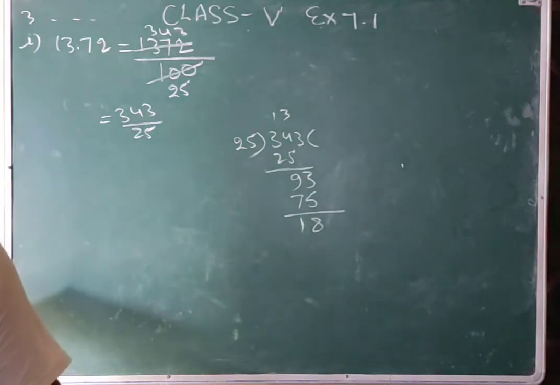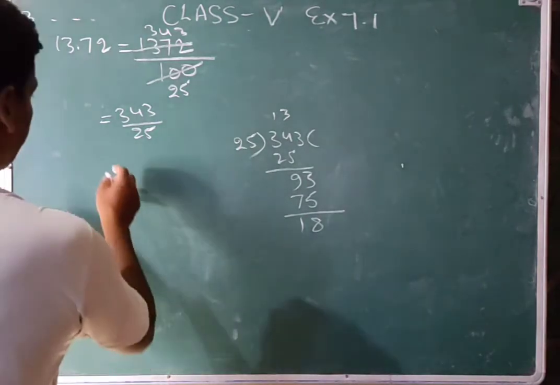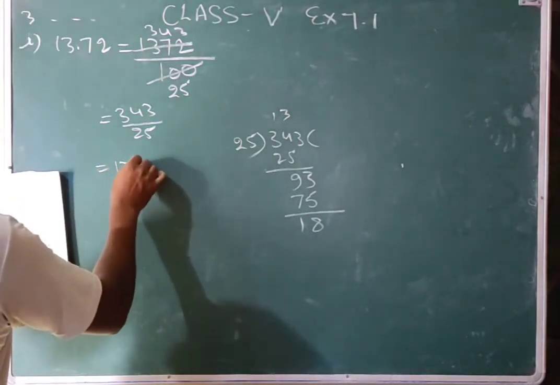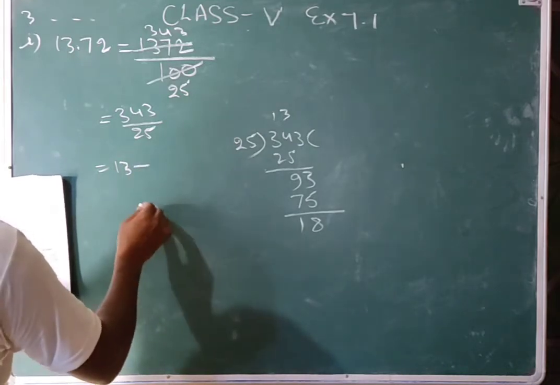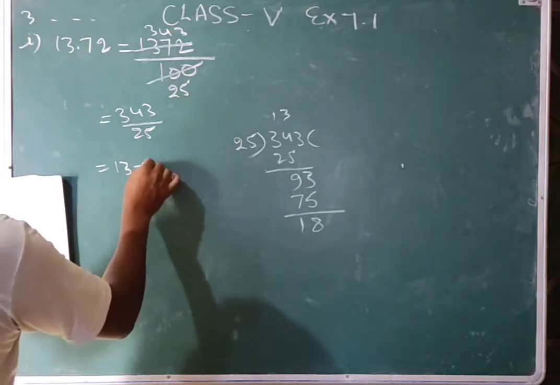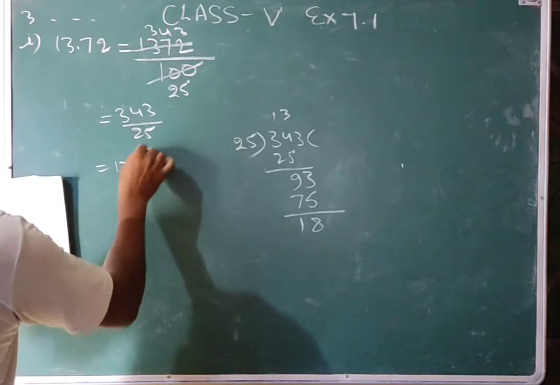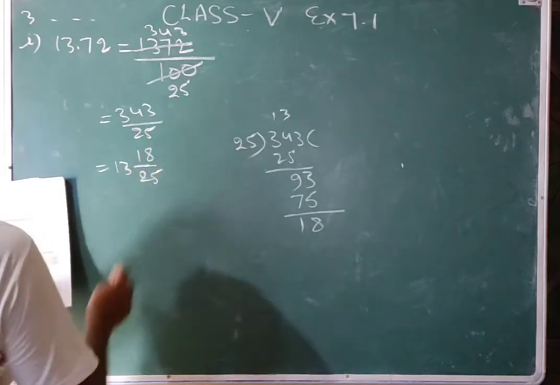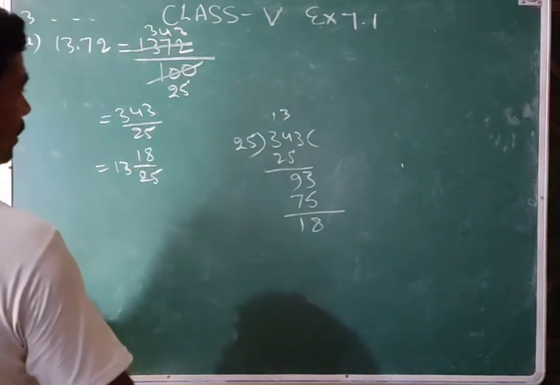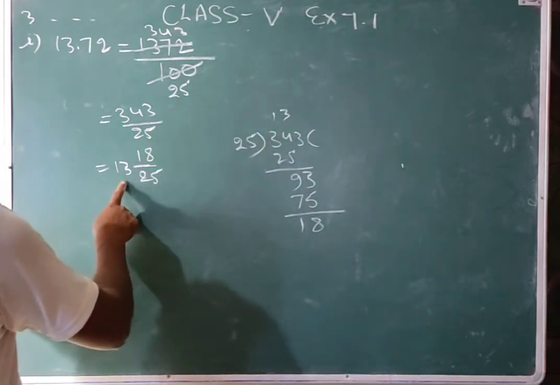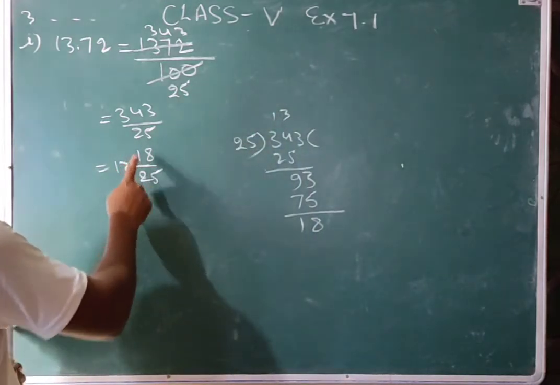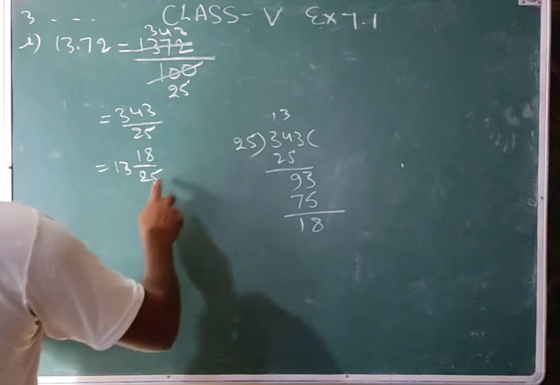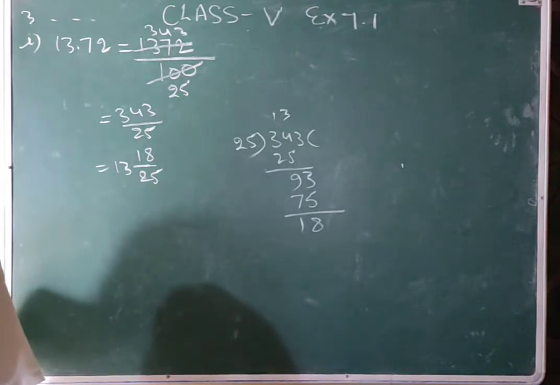So that is 13 whole 18 upon 25. This one you write in the whole place, this one in the numerator place as remainder, and then the divisor comes on the denominator place.